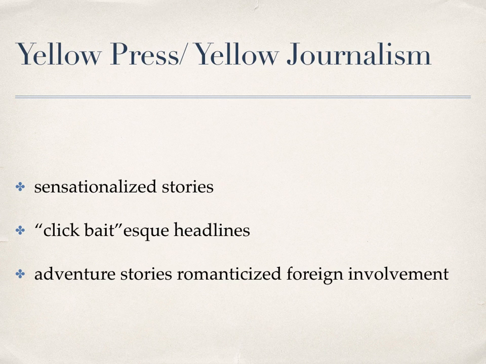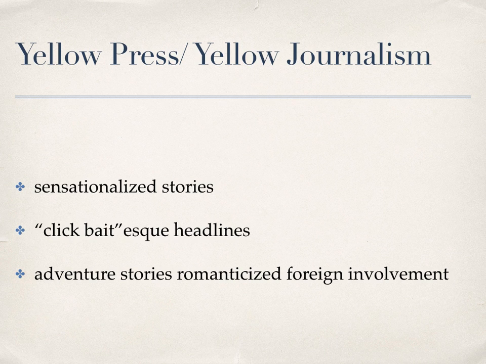What was also important was the promotion of these imperialist ideas through journalism, through newspapers and magazine editors like William Randolph Hearst and Joseph Pulitzer, who found they could increase circulation by printing adventure stories about distant and exotic places.